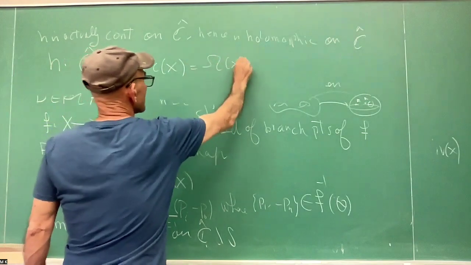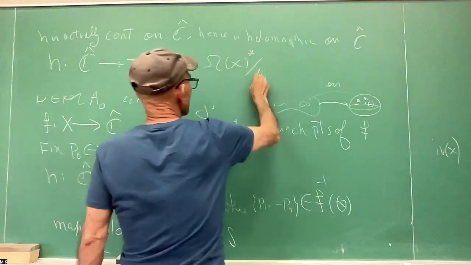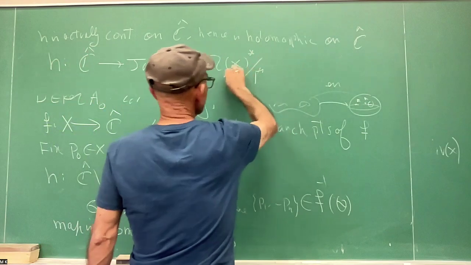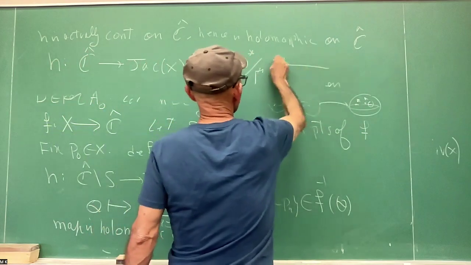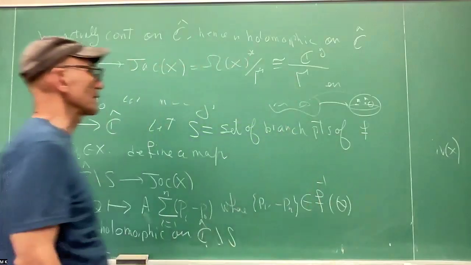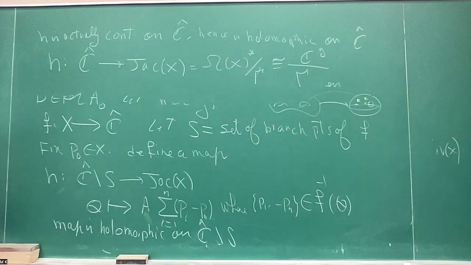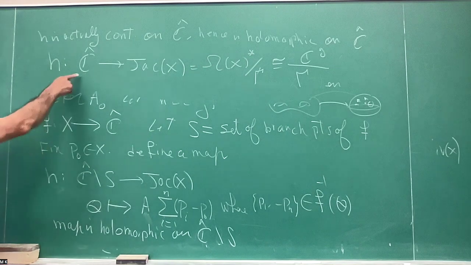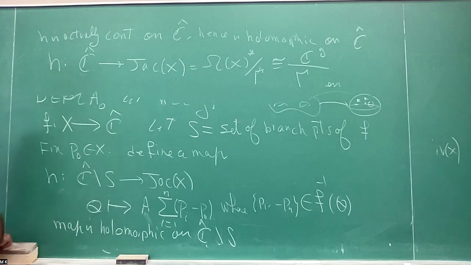Which is omega of x star divided by gamma, but this is C to the power g divided by gamma. Let's not forget that. Okay, but this guy is simply connected, right? C hat.